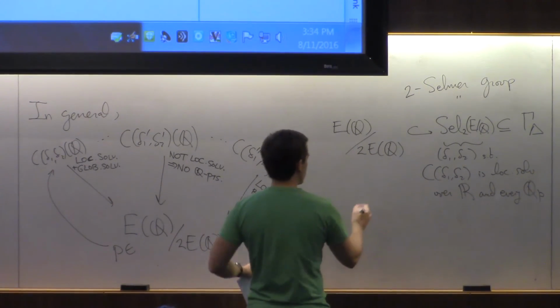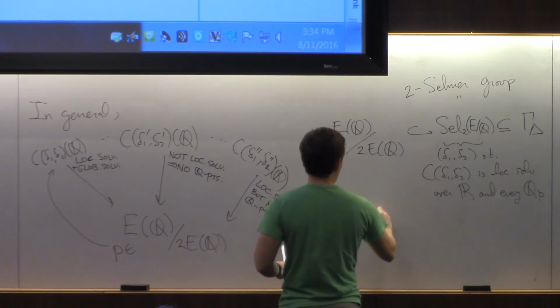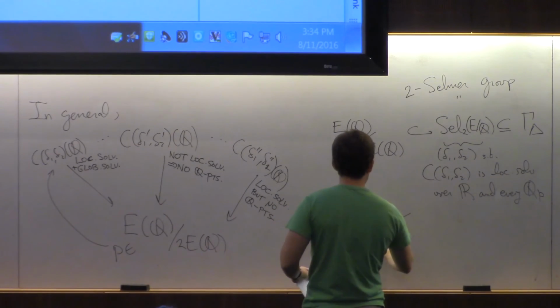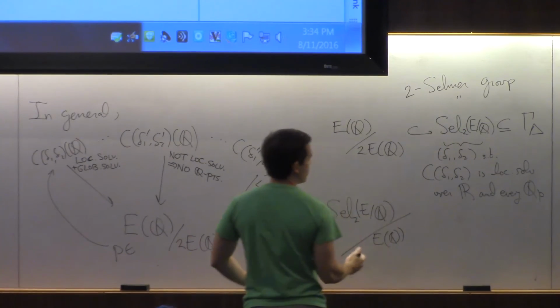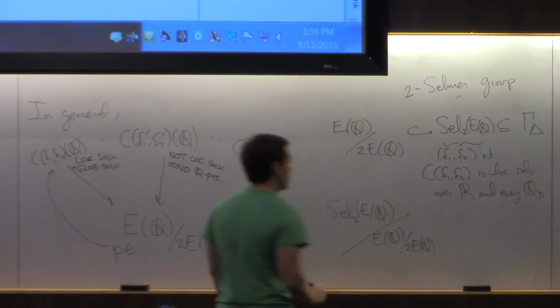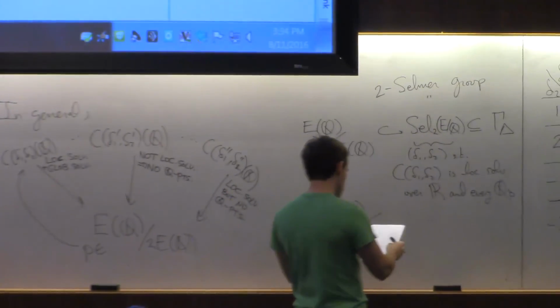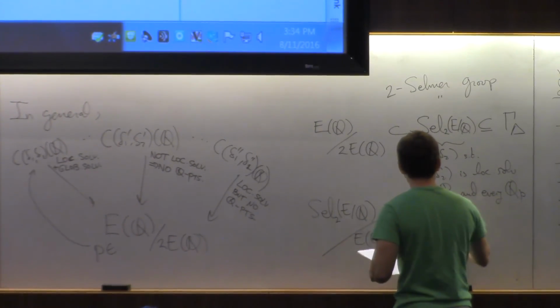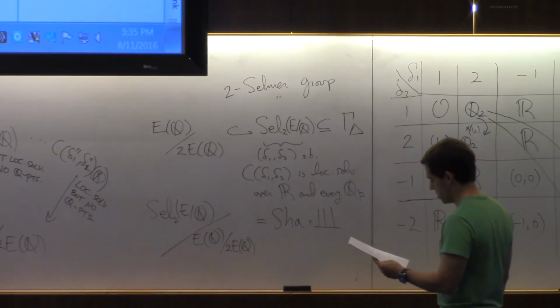Okay, so I'm going to do the same thing here, and I'm going to take the 2-Selmer and mod out by the image of this. Okay, so I'm just going to call it again E mod 2. So the quotient of those two things will give me the measure of the failure of the Hasse principle, the Minkowski-Hasse principle. So this is called SHA, usually written with the Russian letter Sha after Shafarevich.